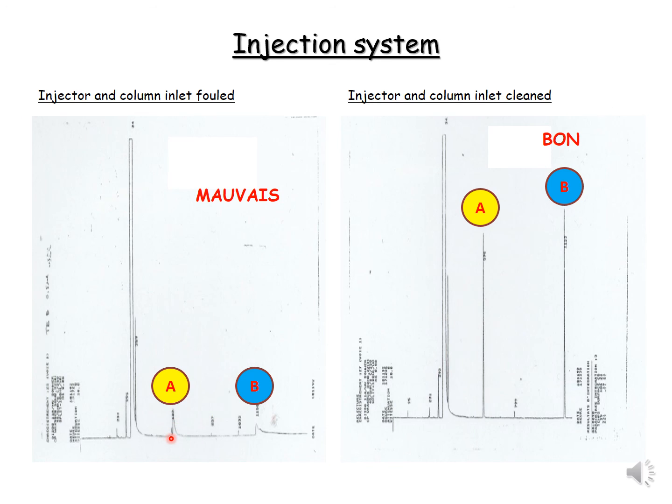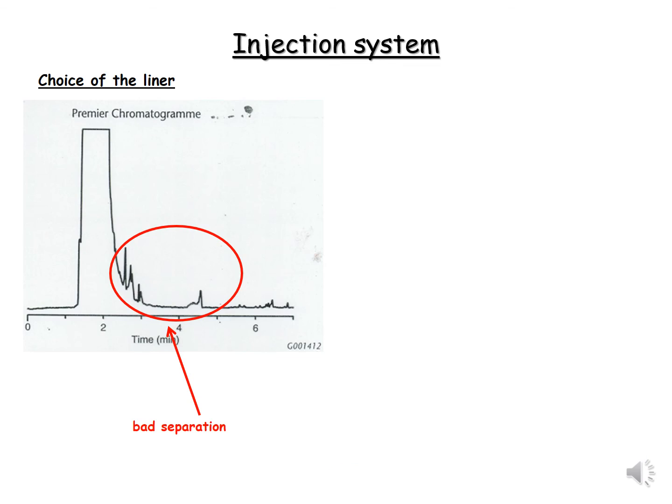Remember, the efficiency is the number of plates, and the number of plates represents the peak sharpness. So you see here we have, of course, sharper peaks as compared to this one, which is not good. The separation is exactly the same, so the only issue is that we just have to clean our injector or column inlet.